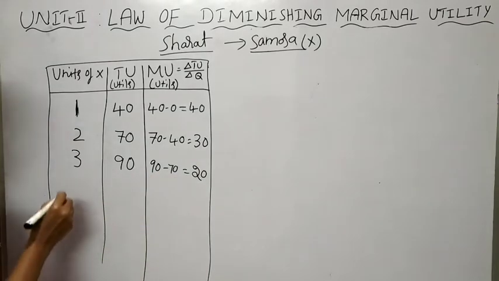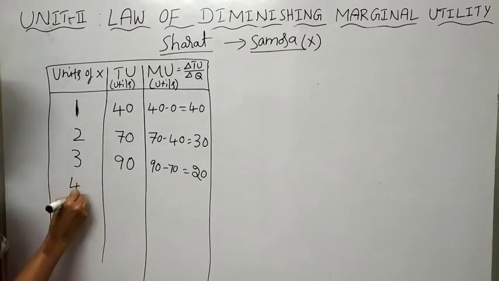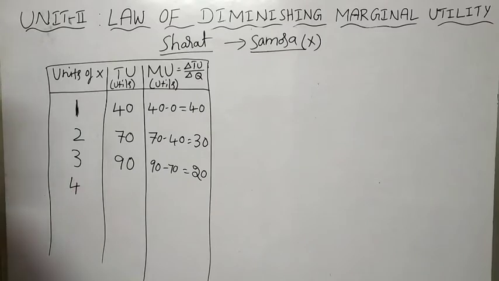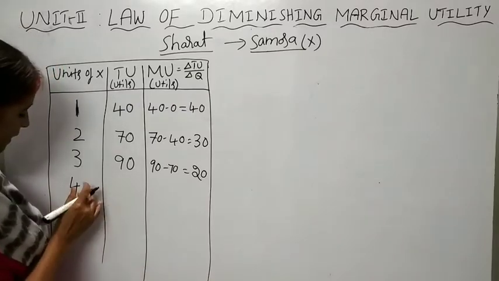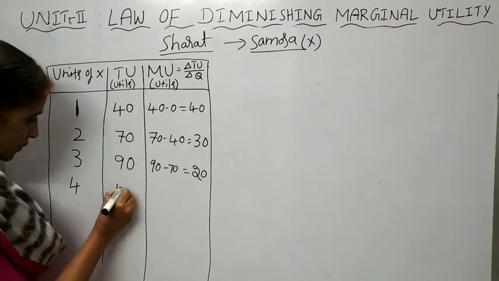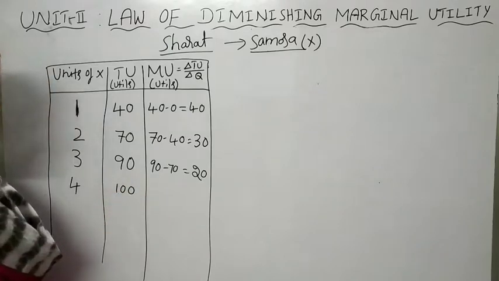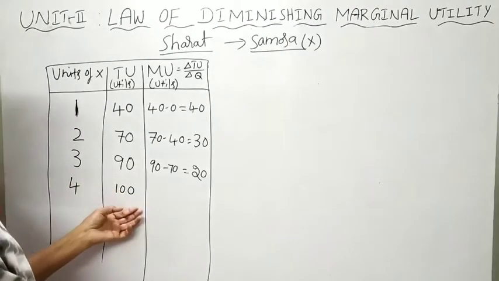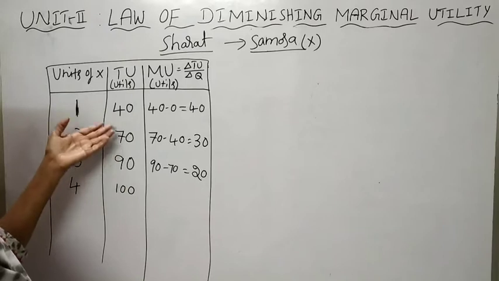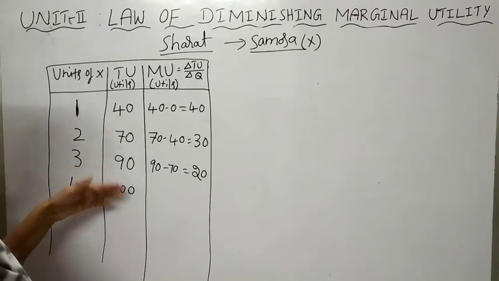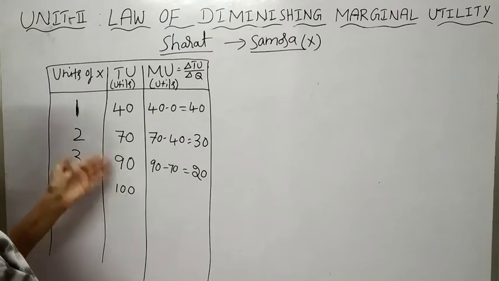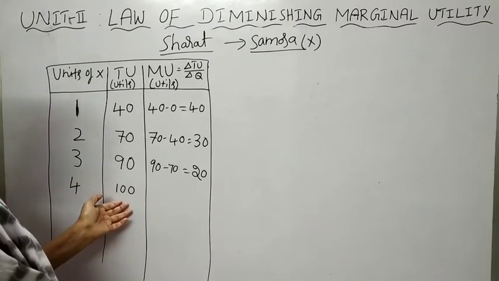Okay. And Sharath consumed the fourth samosa also. Continuously without giving any time gap, he is consuming the samosas. By consuming 4 samosas, his total utility will be 100 utils. So total utility is increasing, but comparing to the starting samosa, by consuming the additional units, total utility is increasing but in a decreasing way.